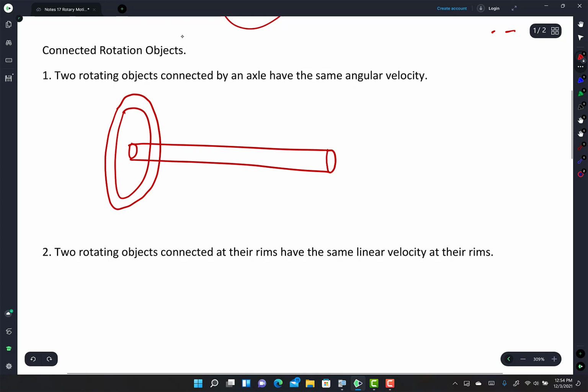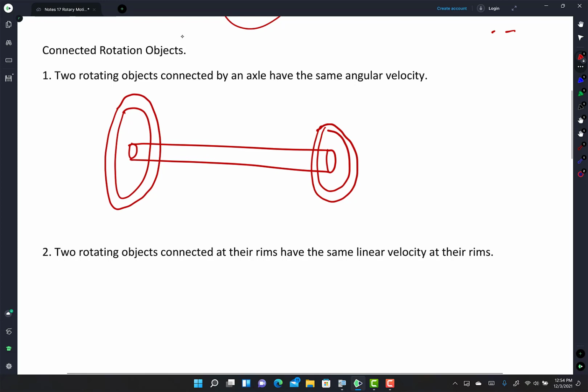An axle is like a cylinder, a right circular cylinder. And here's another wheel, but this one's smaller. It doesn't look 3D to you guys? I did fail art, so in case you're wondering, yeah, I did. I failed art. It's actually in my transcript.